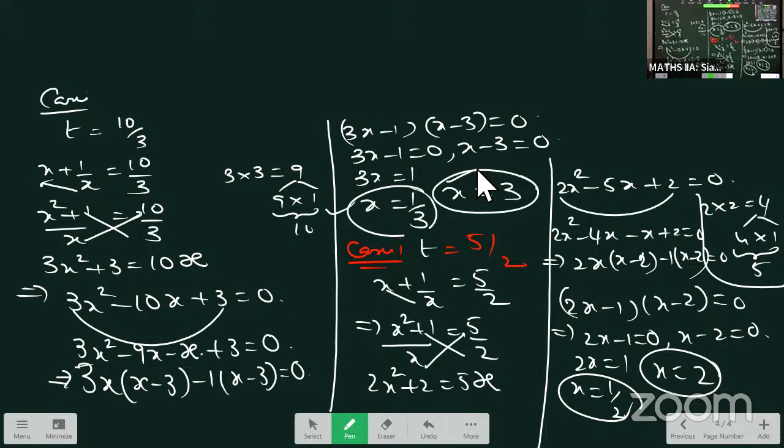You go through that and be careful about these questions. Now reciprocal type questions are over. Now let us go for a new type of questions.